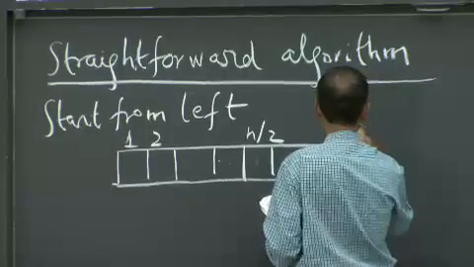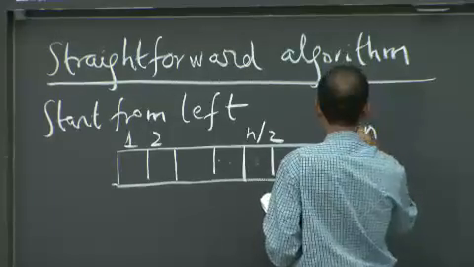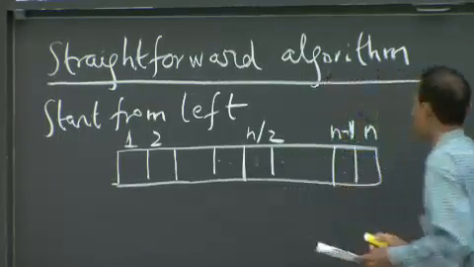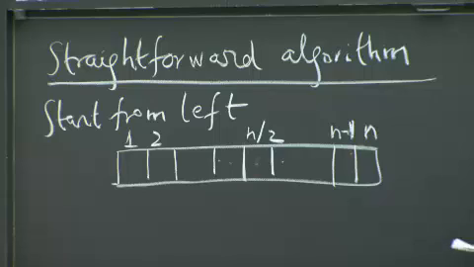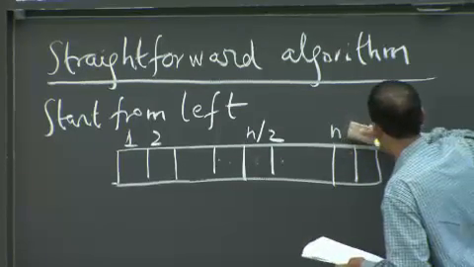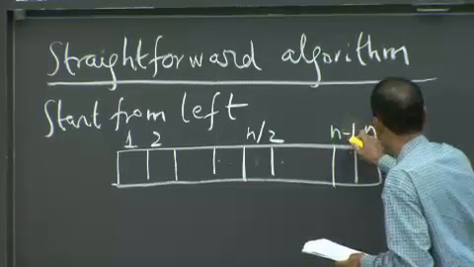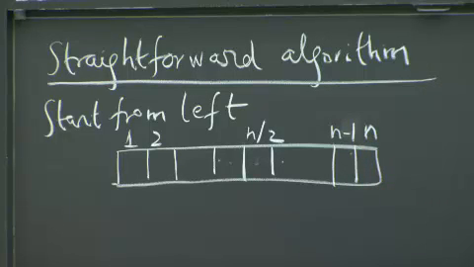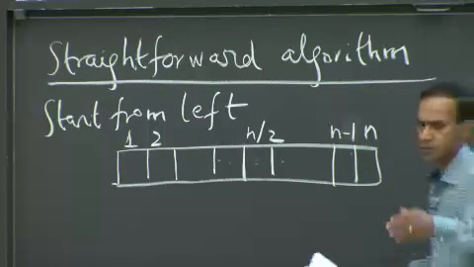And then we have n minus 1 and n. What I'm interested in doing is not only coming up with a straightforward algorithm, but also precisely characterizing what its complexity is in relation to n, which is the number of inputs.